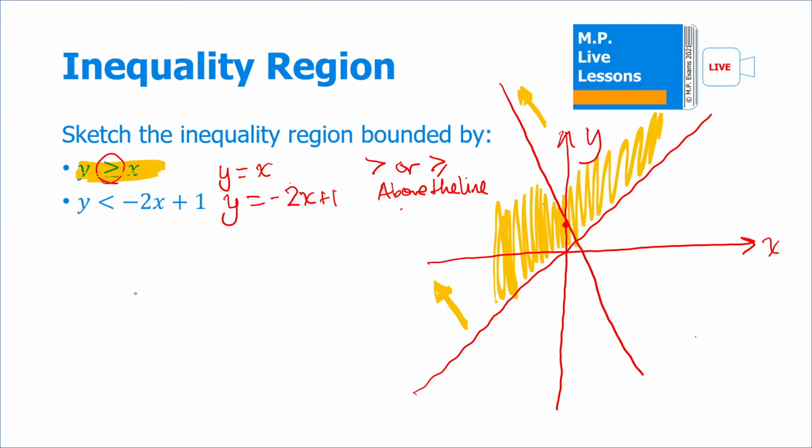Then I'm going to shade another region, and this time if we've got a less than or equal to, so it's below the line. I'll shade this one instead in green. So this will be below the y equals minus 2x plus 1 line. Here we can just see in that very small bit, which I'll highlight in blue, that's where both regions intersect.